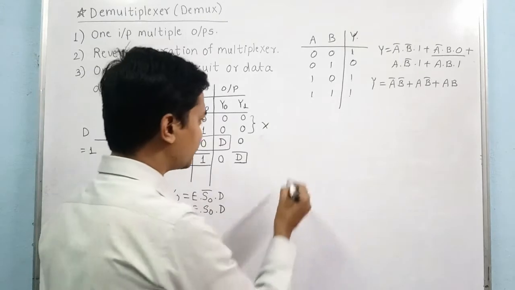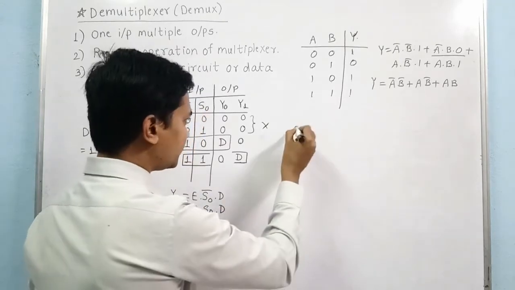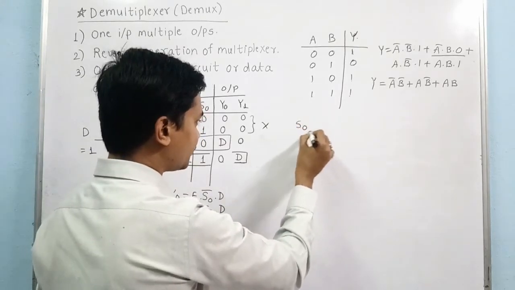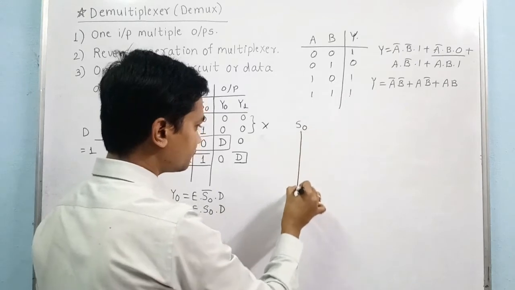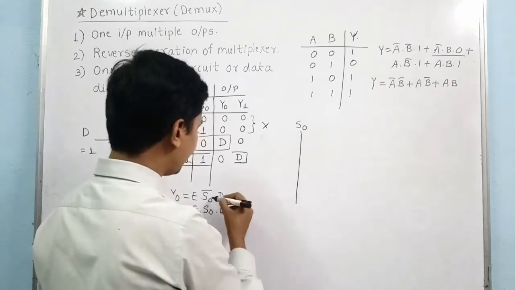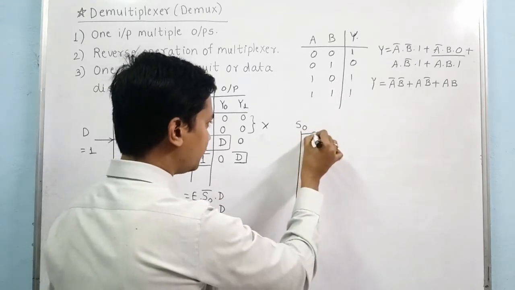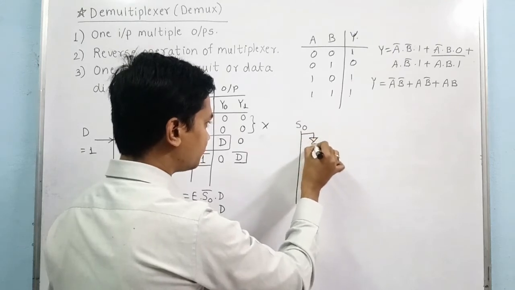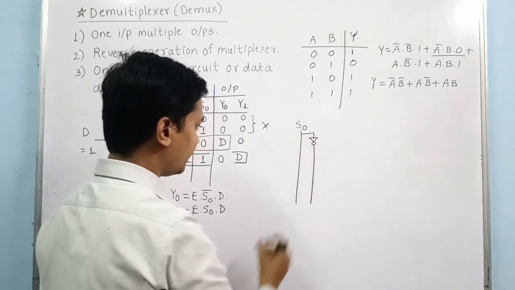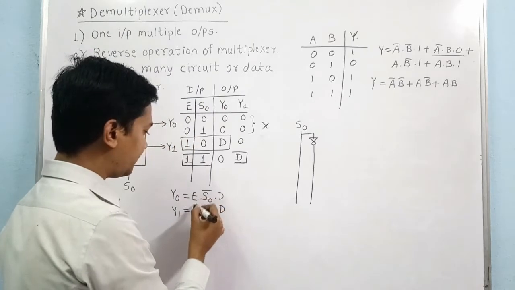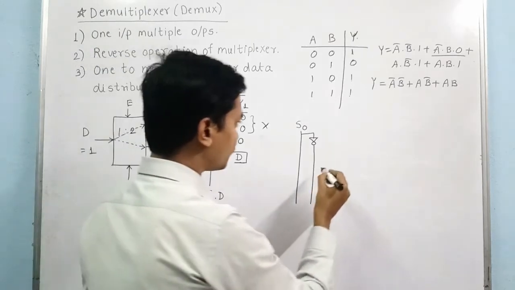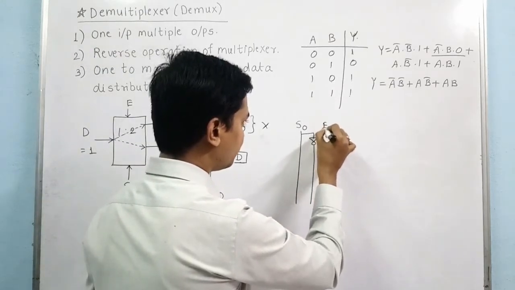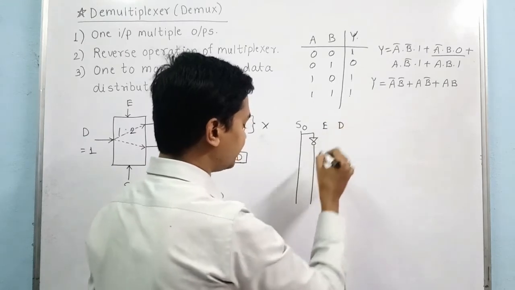First we will draw the S0 line, then the S0 bar line should be obtained by using one NOT gate.